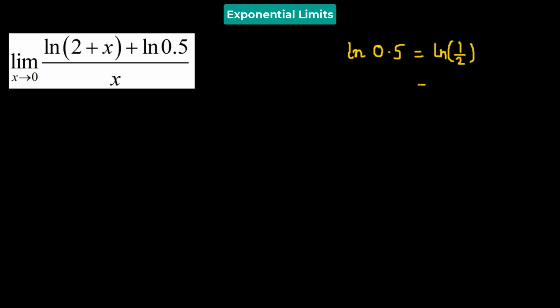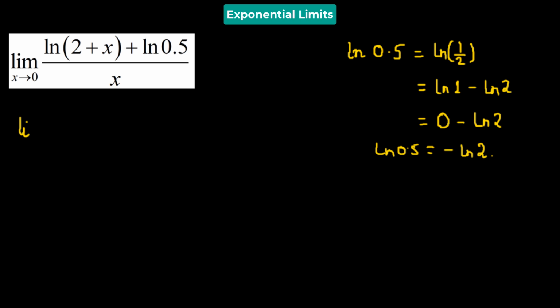So we can use the property log of a over b is equal to log of a minus log of b. So we'll have natural log of 1 minus natural log of 2. Now natural log of 1, its value is 0 by definition. We have minus log of 2. So that means natural log of 0.5 is equal to negative natural log of 2.